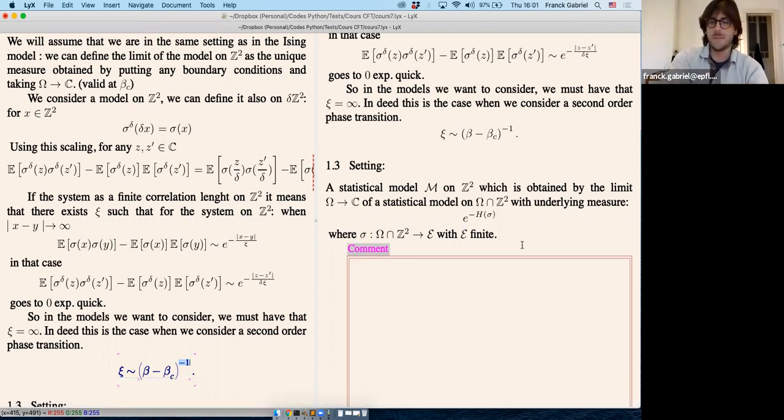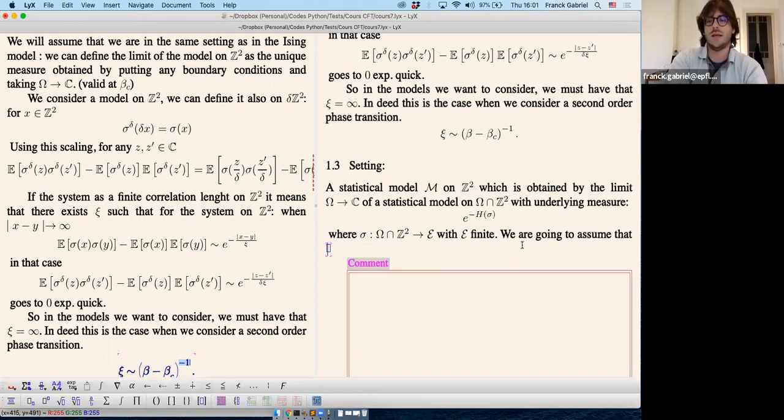So we are going to assume that H of sigma is of the following form.